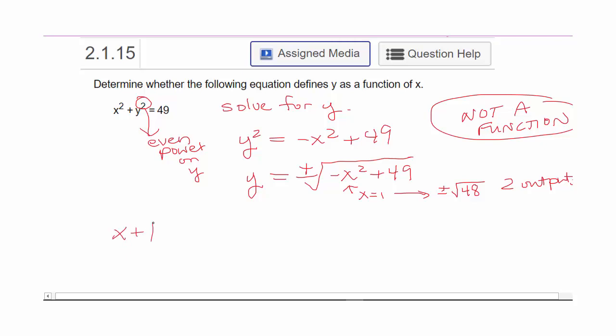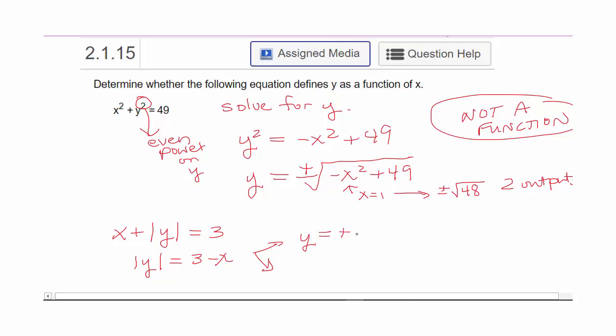If you had something like absolute value of y, right? So if you were to solve this equation, you'd get absolute value of y equals 3 minus x, or negative x plus 3, however you want to write it. And this translates into two equations. To get rid of that absolute value, you would have to consider both cases.